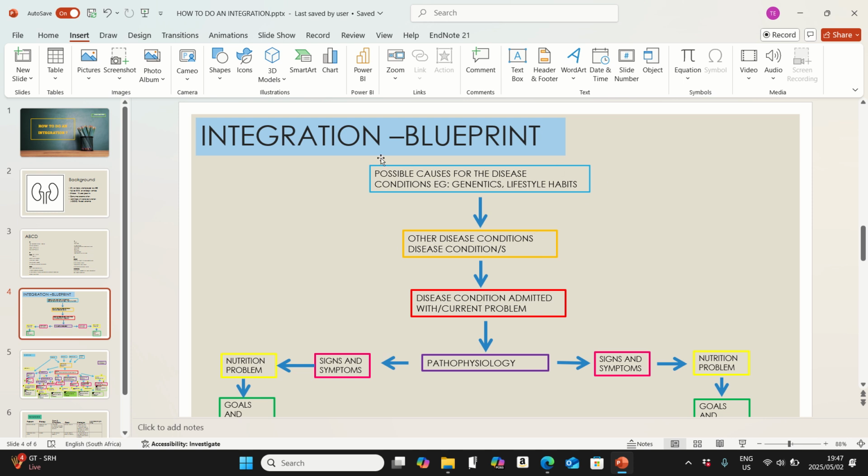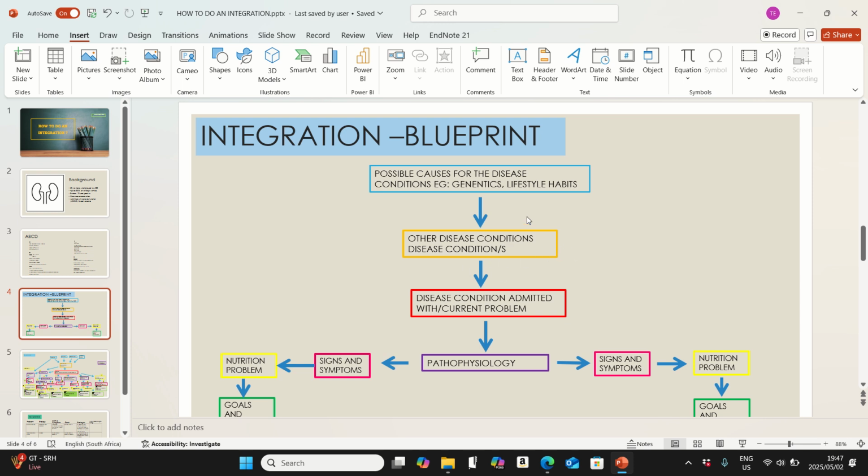All of these causes of disease, such as genetics, lifestyle habits, and environmental factors, for example pollution, all contribute towards the disease formation. In this case, his alcohol use or smoking habits then cause the hypertension. So the other disease condition is going to be the hypertension.